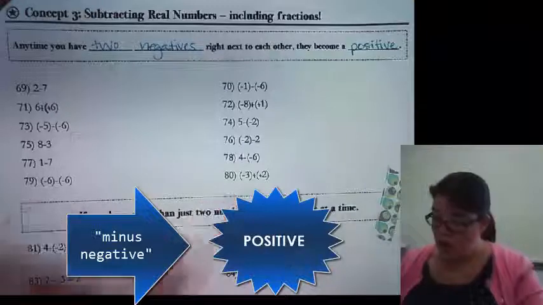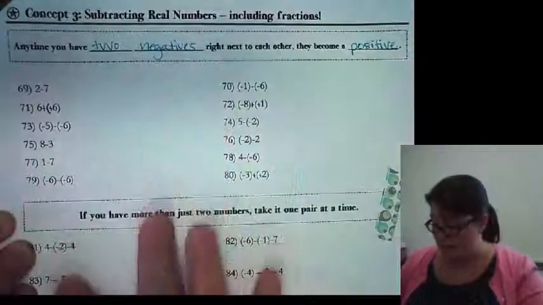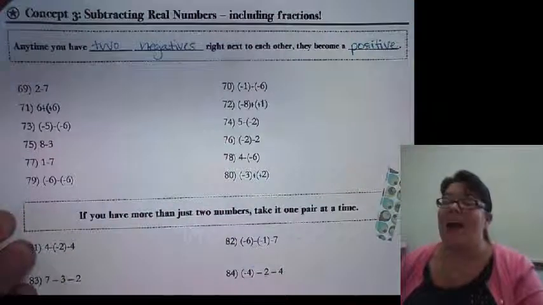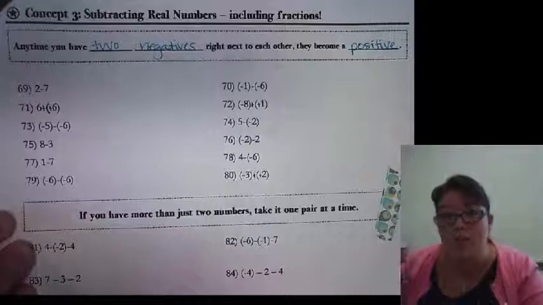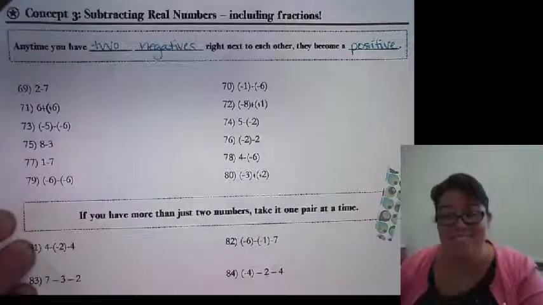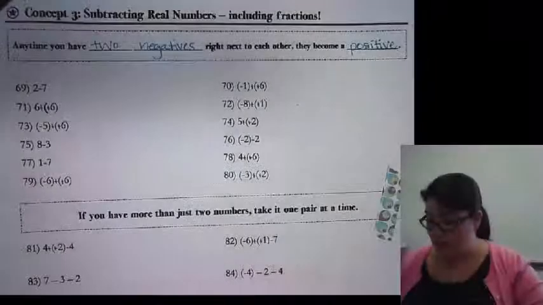All right, so why don't you pause the video and go through all of the questions all the way down to number 96, and anywhere you see two negative symbols together, I want you to turn them into positives. Okay, go ahead and do that now. Take a look here real quick.